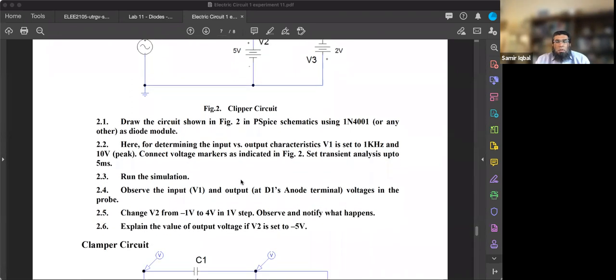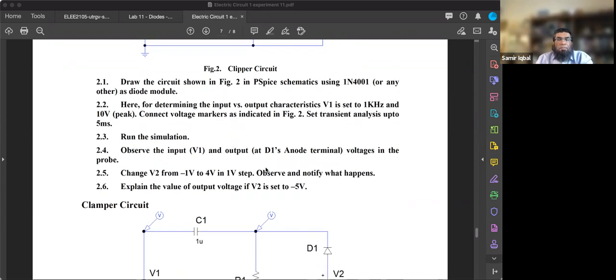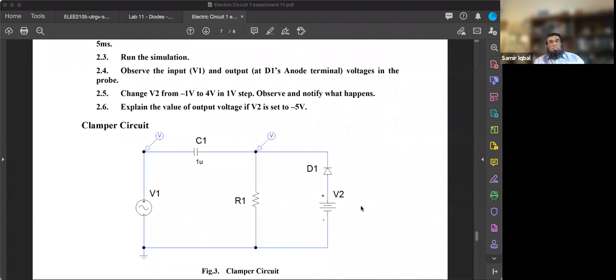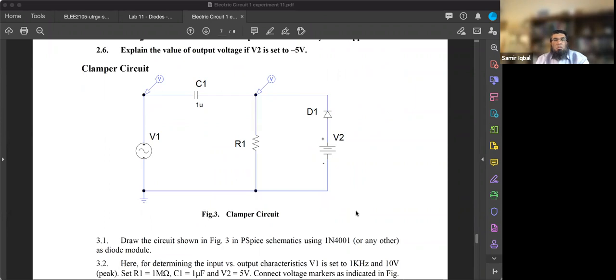All right, so this is again where you will determine input versus output. You'll set it to 1 kilohertz and 10 volt peak. So that will be your input. You run it and you will see the input V1 and the output for D1 and for D2. For the clamper circuit, which is used to push the DC voltage up, this would be how you would do it.